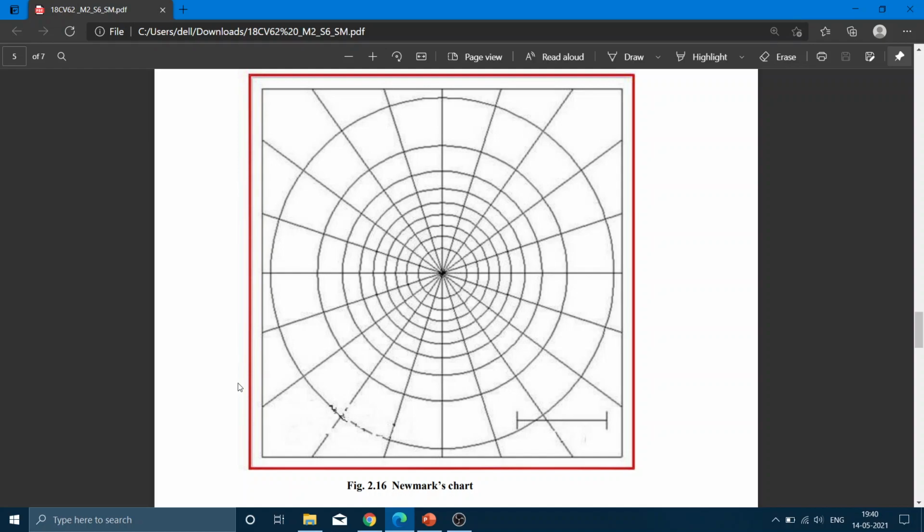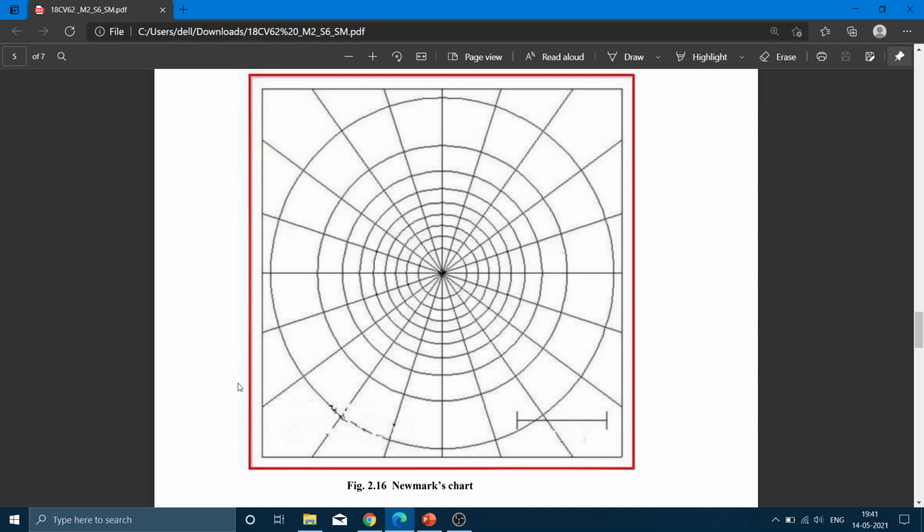A suitable number of uniformly spaced rays to get the required influence value are drawn, emanating from the center of the circle. The resulting diagram will appear as shown in the figure.